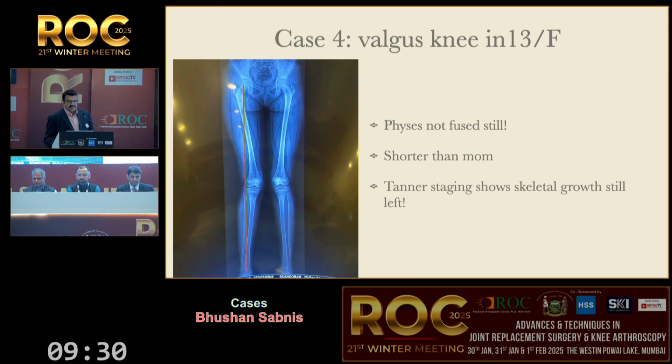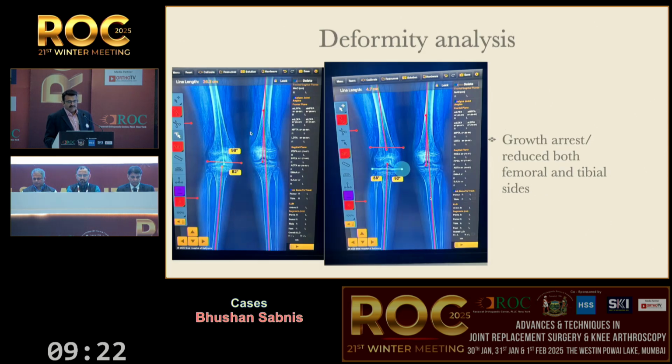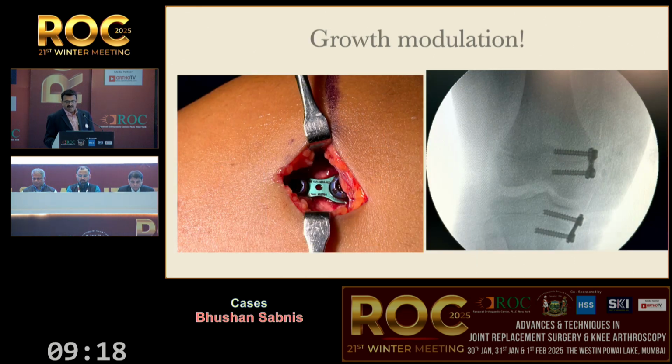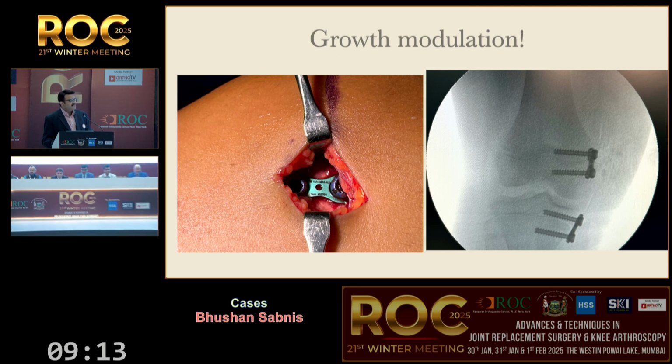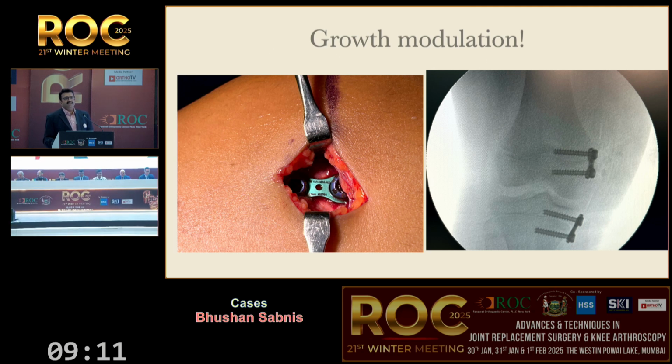So valgus deformity on the right side. On the scanogram it does look fused, but on Tanner grading on the MRI everything looks open. So again, deformity is on both sides, and this is what I did yesterday: a growth modulation. So if you don't do it, send it to someone who does it, but don't ask the patients to wait for skeletal maturity. Does everyone agree, or does anyone have a different point of view?